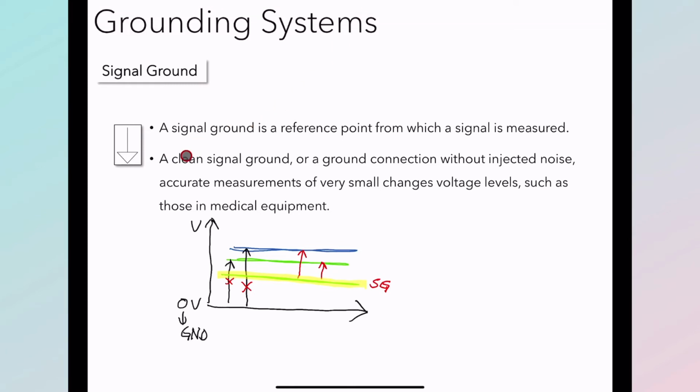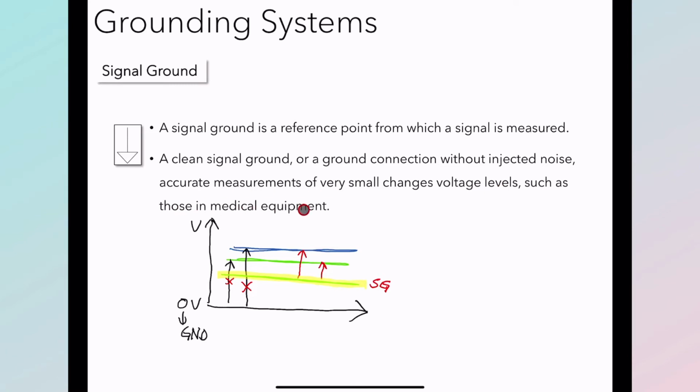Okay, so it is important in the type of measurements which are very sensitive and we need very accurate readings. It is a clean ground connection without injected noise, for accurate measurements of very small changes in voltage levels, such as in medical equipment.